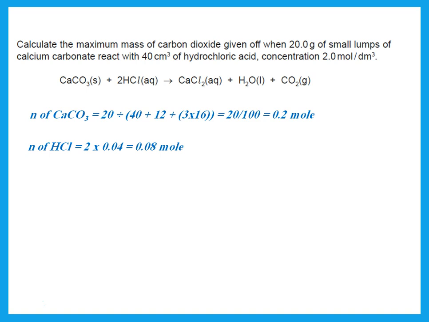Twice of that is 0.4, but I have much less added of the HCl, so my HCl is limiting, or my calcium carbonate is the excess. Because if I have 0.08 of HCl, I will need only half of that from calcium carbonate. So I need 0.04 mole. He put 0.2. That's way too much. So my calcium carbonate is excess, or my HCl is limiting.